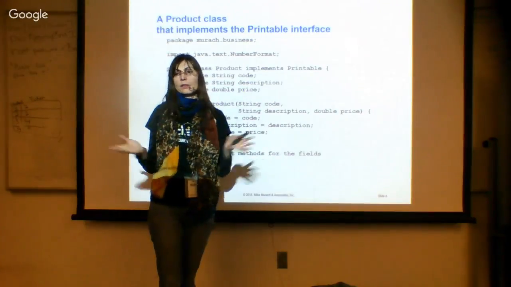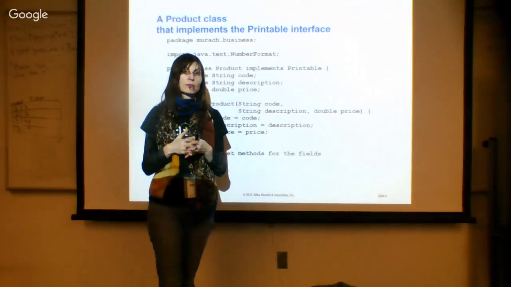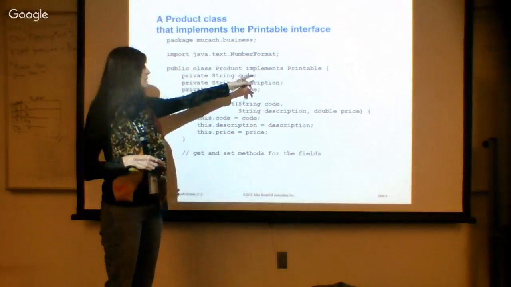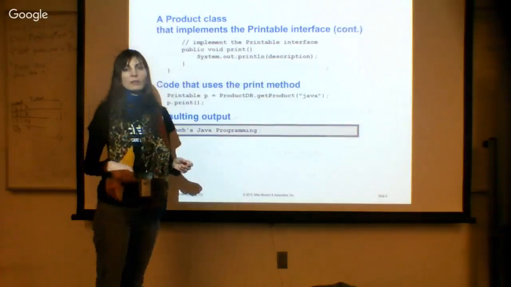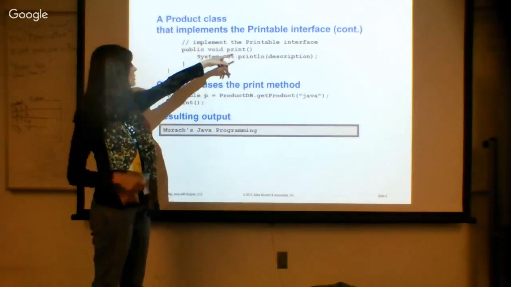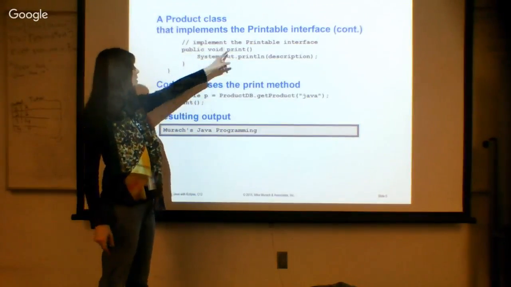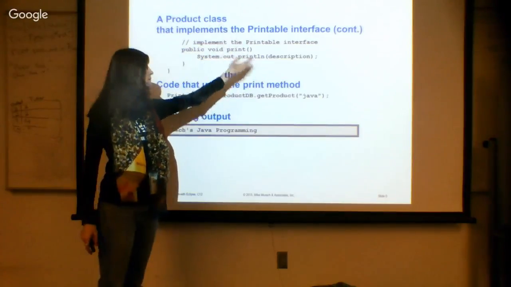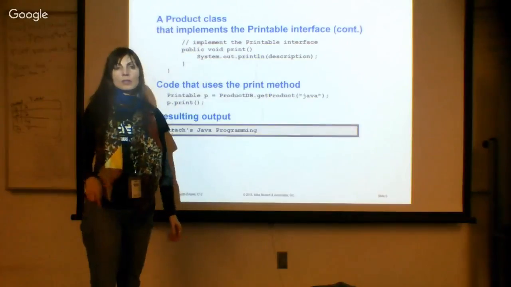Or you can just name it whatever you think is appropriate. So the printable interface gets implemented by the product, and so the product then is going to need to implement the print method of the printable interface, which is print the description.